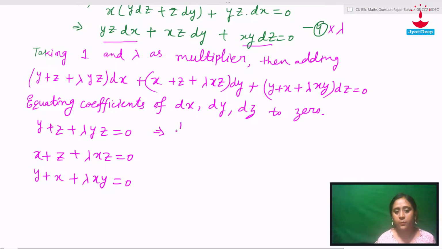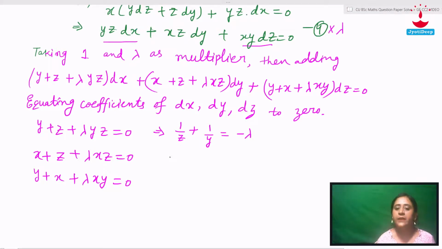1 upon z, we are going to divide it by yz. So y by yz means 1 upon z, plus dividing it by yz, we will get 1 upon y, and this is equal to lambda, and we are taking this to the right hand side of the equal sign, so it will become minus lambda.